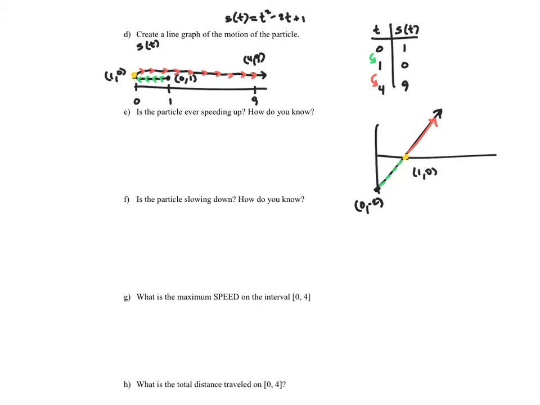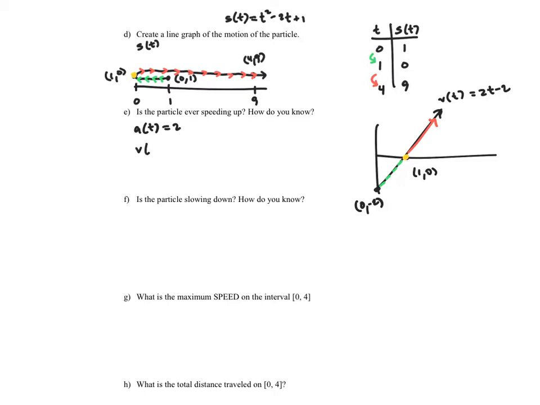Okay, so let's analyze now parts E, F, G, and H. Is the particle ever speeding up? Well, speeding up has to do with acceleration and velocity being the same sign. So acceleration, we actually know, was the derivative of the velocity graph. And the derivative of the velocity is 2. So since acceleration is only positive, we're looking for where velocity is also positive.